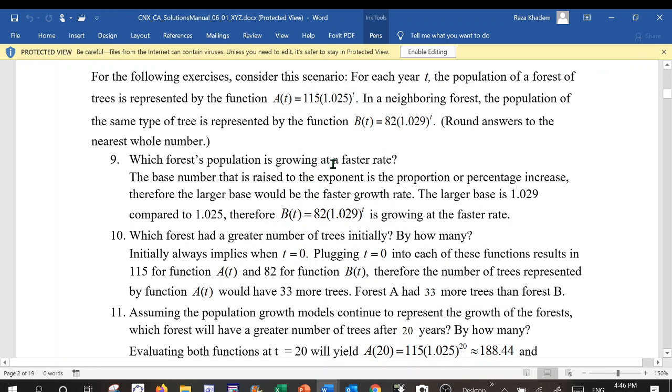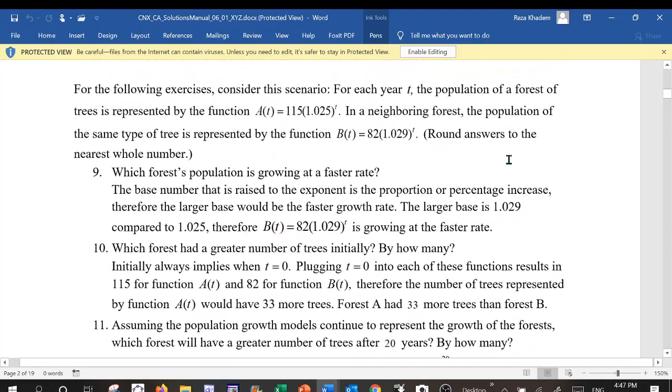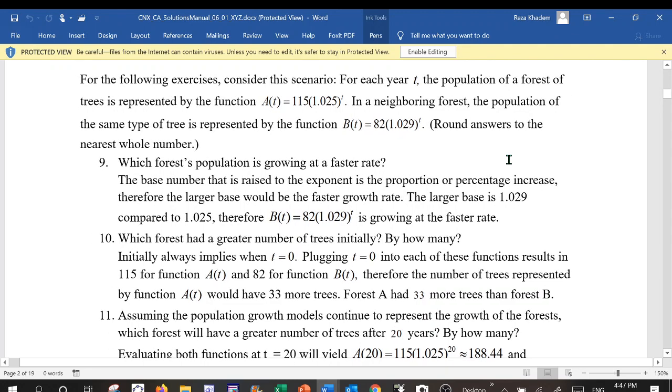So what we want to do is go to, let's say, number 9, right? So what is number 9 saying? Here it says, for the following exercise, consider this scenario. For each year, t, the population of a forest's trees is represented by this function. In a neighboring forest, the population of the same type of tree is represented by this.